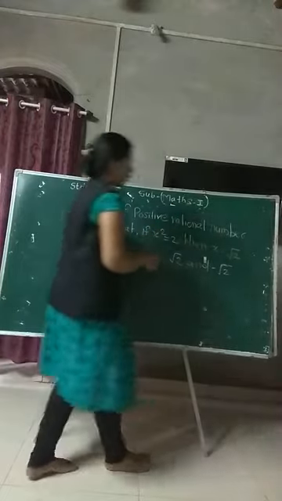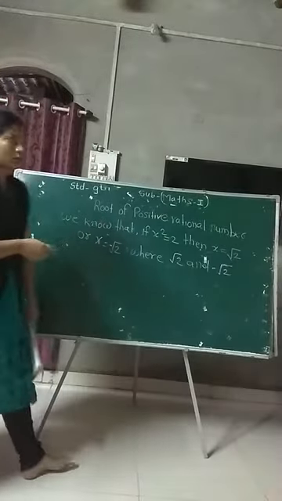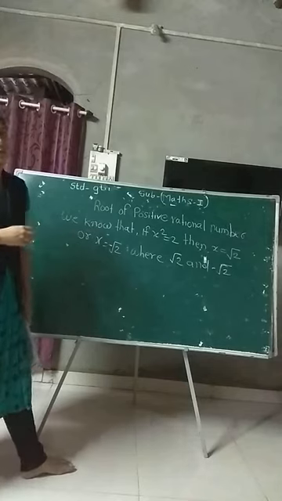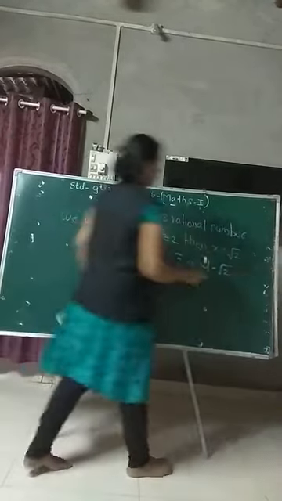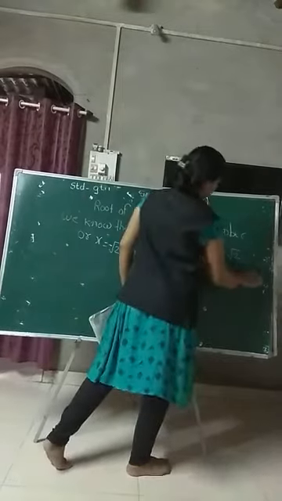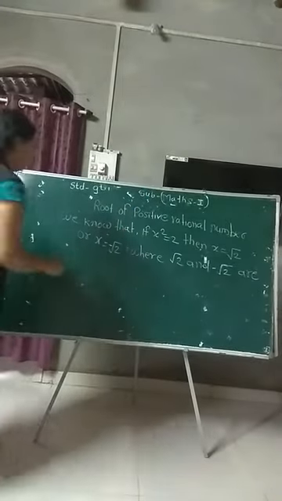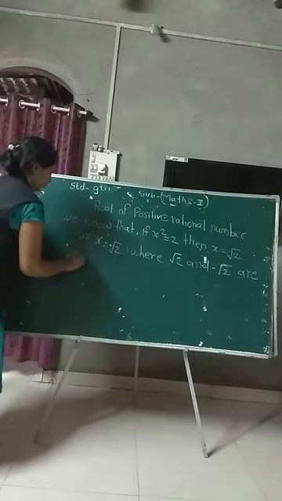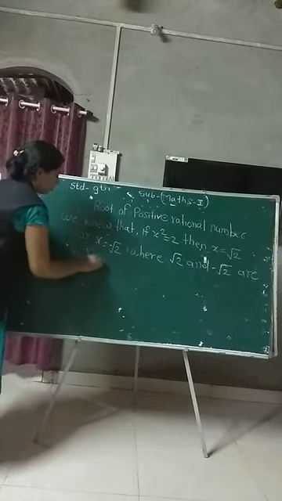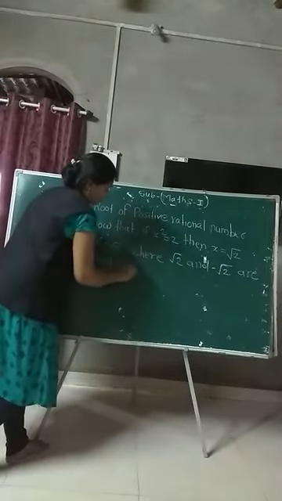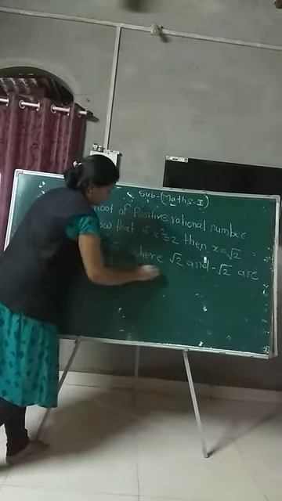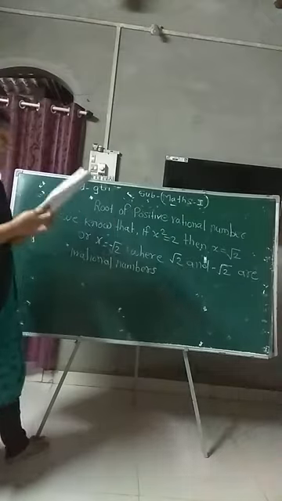We have seen that root 2 is an irrational number, therefore root 2 and minus root 2 are irrational numbers.